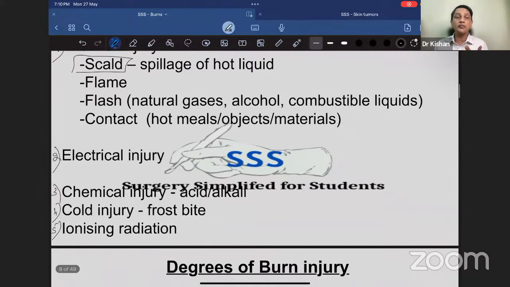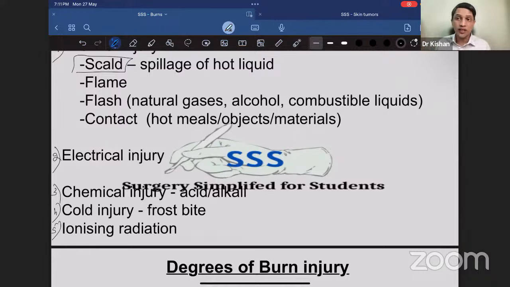Second thing is electrical burns. Very, very important to know. There are some peculiar characteristics in electrical burns, so we will deal with it in detail. Electrical injury is because of getting ourselves in contact with high voltage current. A spillage of some acids or alkali on our body can cause chemical injuries as well, so we will deal with that.